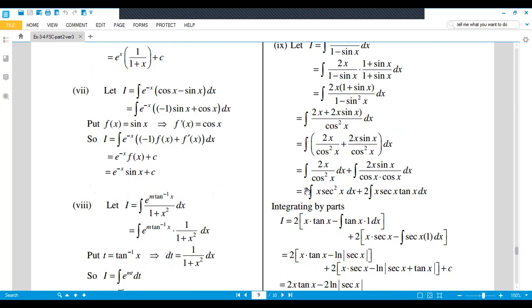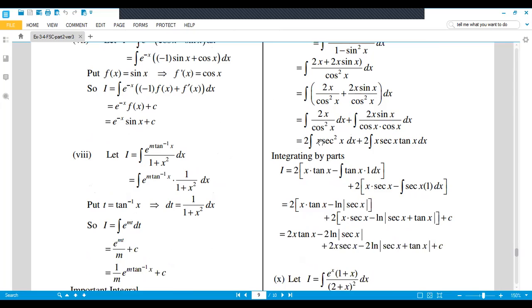The first one we solve by integration by parts. X we write as it is, the integral of secant square x is tangent x, minus the whole integral of tangent x, since the derivative of x is 1, and plus 2 as it is. And this we also solve by integration by parts. The first term x we write as it is, the integral of secant x tangent x is secant x, minus the integral of secant x, since the derivative of x is 1.